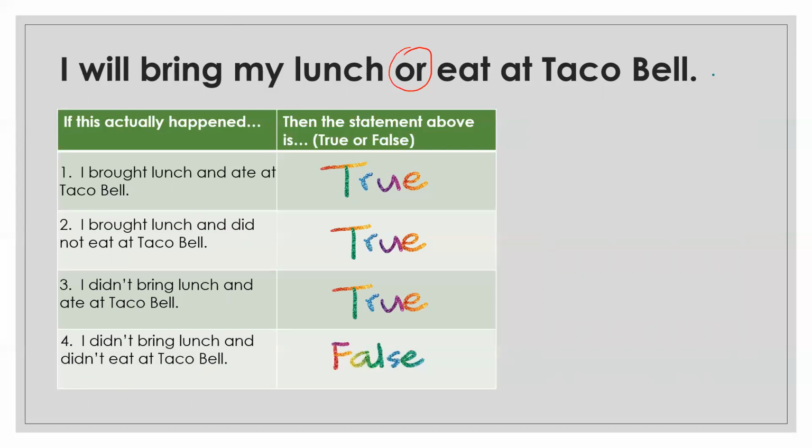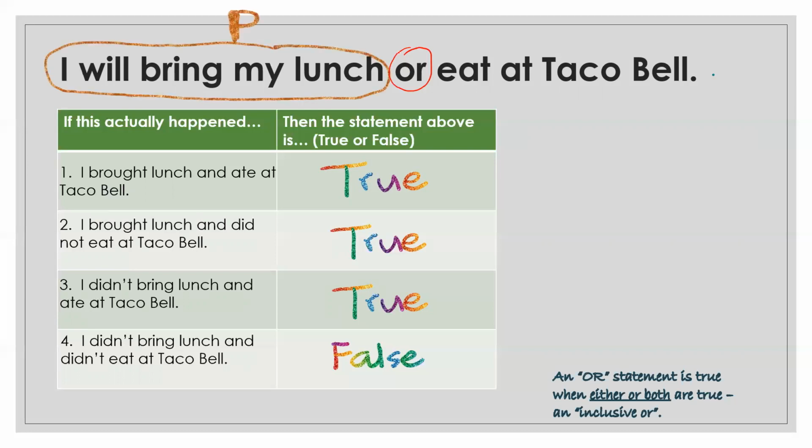I was too busy teaching classes, didn't eat lunch, didn't eat at Taco Bell either. That happens a lot. So in an or statement, it is true when either or both parts are true. And in English, that's what we call an inclusive or, right? So in symbolic logic, the word or is an inclusive or, meaning this or that or both.